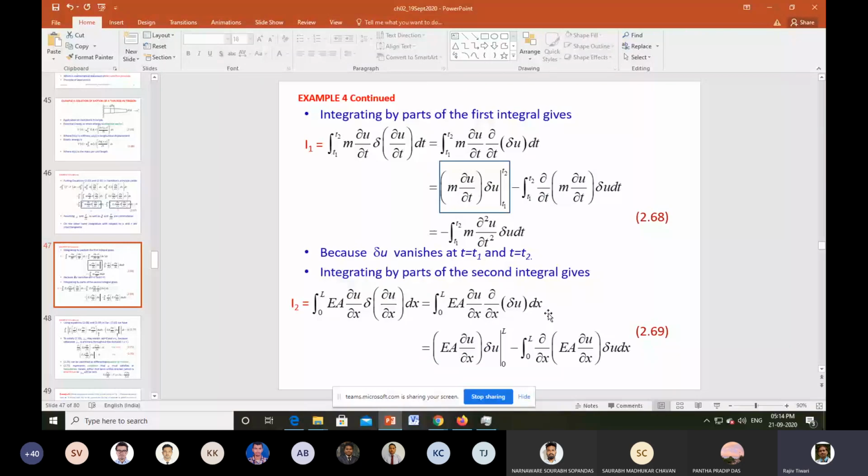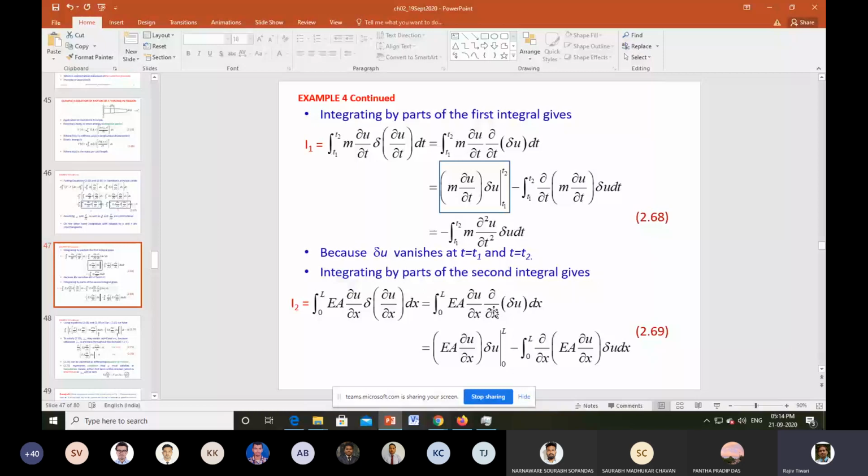So this is the first term as it is, the integration of the second term, del u, with limit 0 to L, because the length of the rod is L, minus the integration of the differentiation with respect to x of the first term, and then the integration of the second term, del u del x.